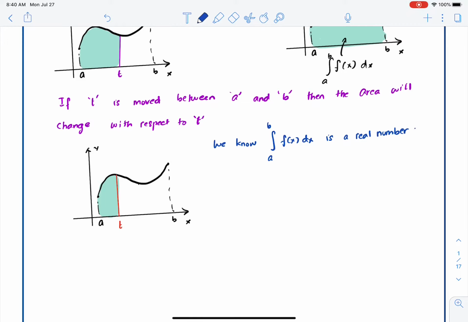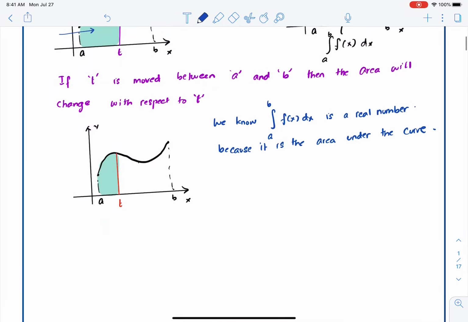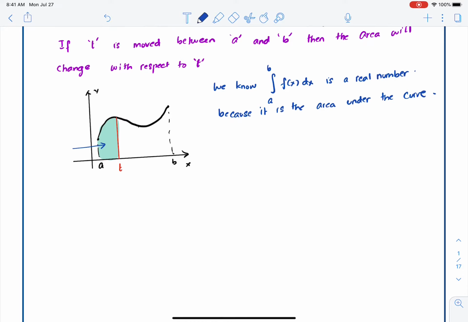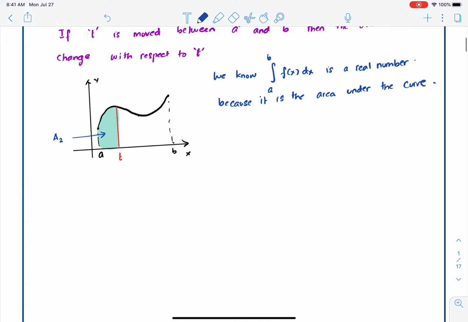It would also imply, because it is the area under the curve, we also know that the area I have here and the area I have there, A1 and A2, are also real numbers.